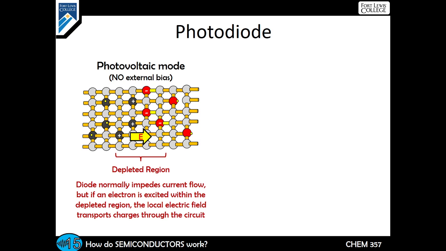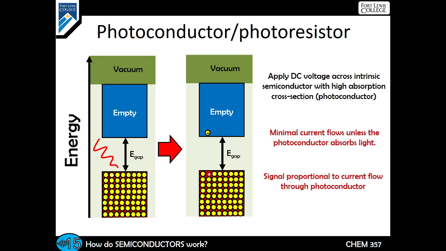You've used these in the lab before, which is based on a PN junction. With photoconductors, basically you apply a voltage across your semiconductor, and normally you don't get any current. But if you absorb light and excite electrons to the conducting band, then you see a little bit of current based on how many electrons you detect.